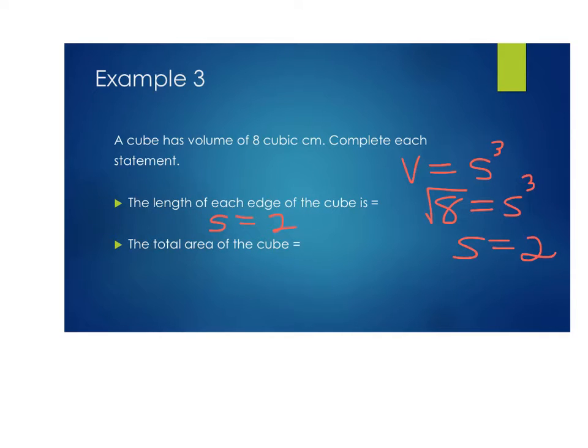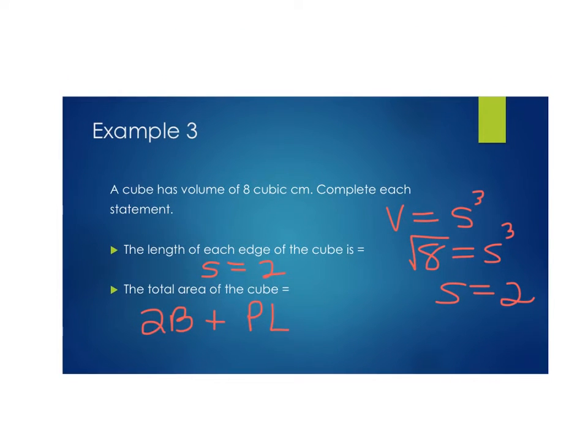Again, remember the formula for total area is 2 times the base area plus the lateral area, or the perimeter times height, PH. So here, I'm going to find the area of the base. Let's get a visual here.